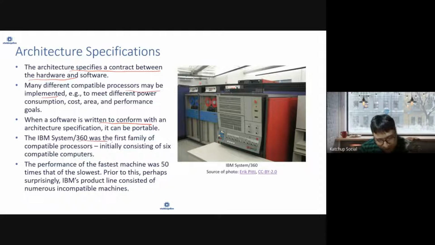IBM System 360 was the first family of compatible processors. It initially consisted of six compatible microarchitecture computers, and they differed in performance. The fastest machine was 50 times faster than the slowest. Previous to that, IBM had started with architectures that were not compatible with each other.